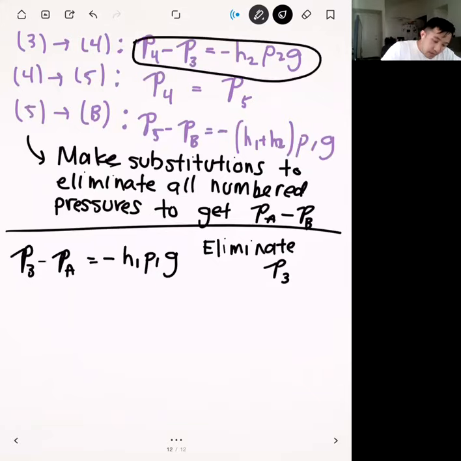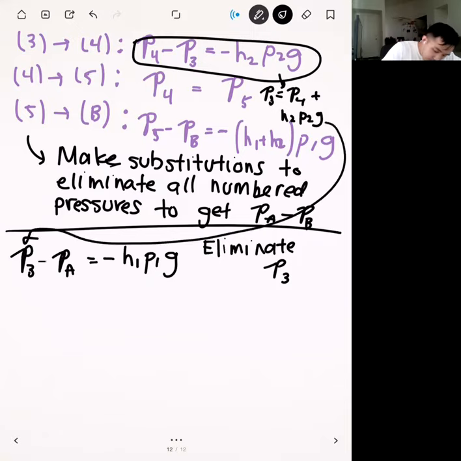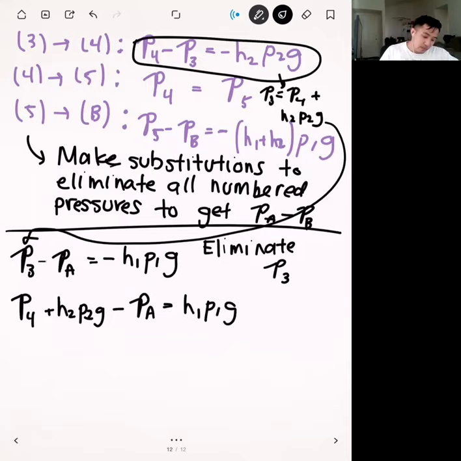If we solve that equation for P3, then we get P3 is equal to P4 plus H2 ρ2 G. And so let's substitute this into this equation right here to eliminate P3, so we get P4 plus H2 ρ2 G minus PA is equal to minus H1 ρ1 G. And so now we need to eliminate P4.